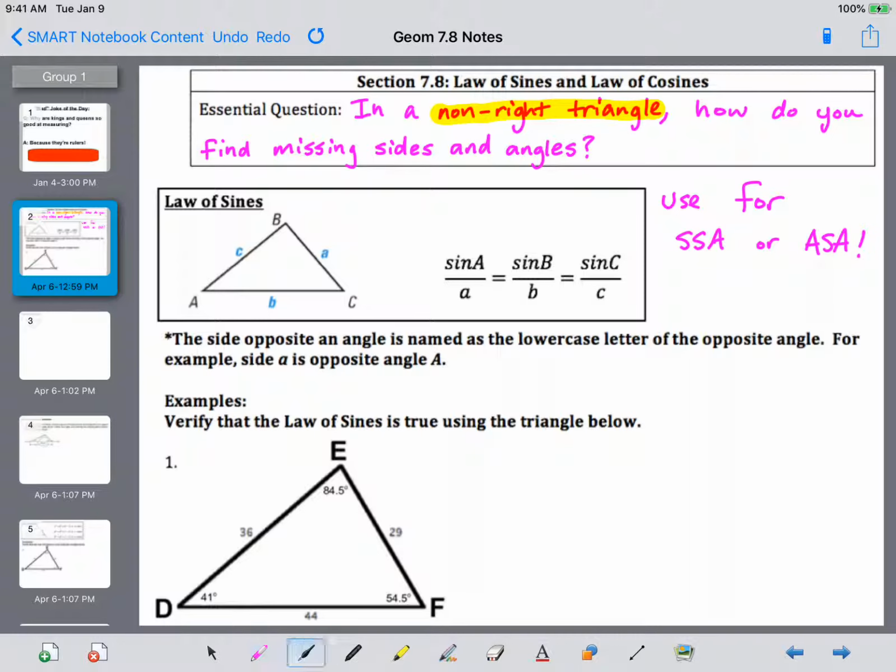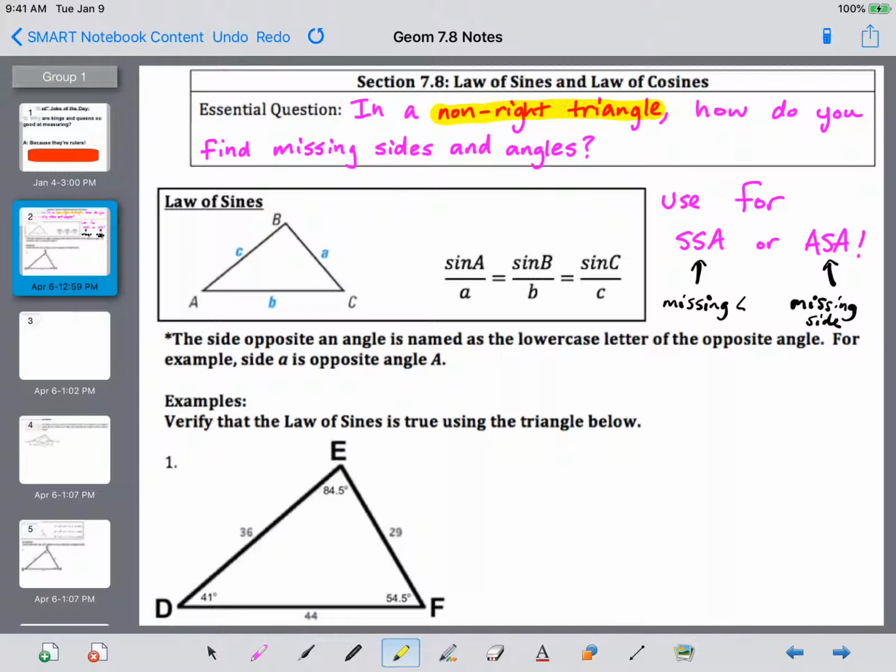So if you are given a side angle side triangle, what you can do is find a missing length or missing angle measure. So this is to find a missing angle. And if you know angle side angle, you can find a missing side. And we'll look at what that looks like in a little bit here. So it's just some tips for how you use this.